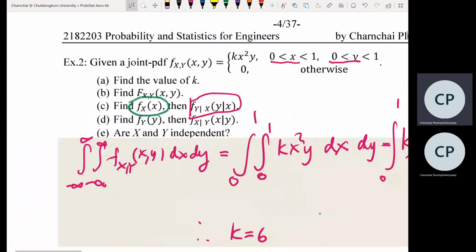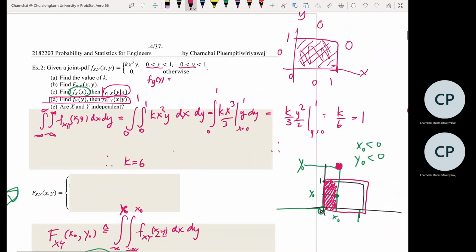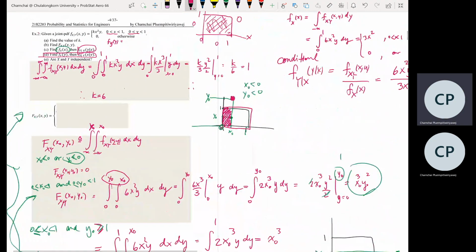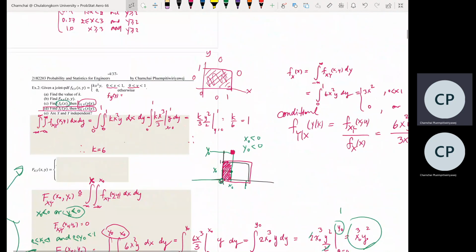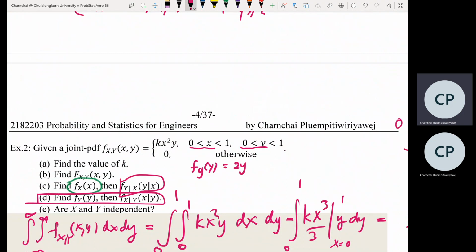Okay, next, number D, you find it yourself. Can you do it yourself? And what's the answer for f(y)? 2y. And what's the x given y?